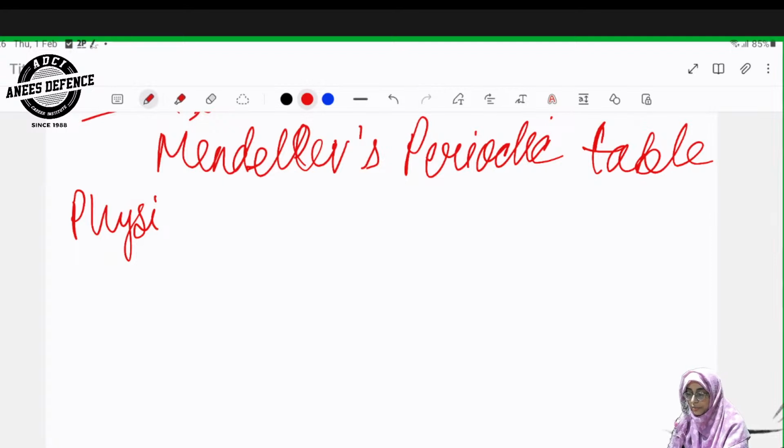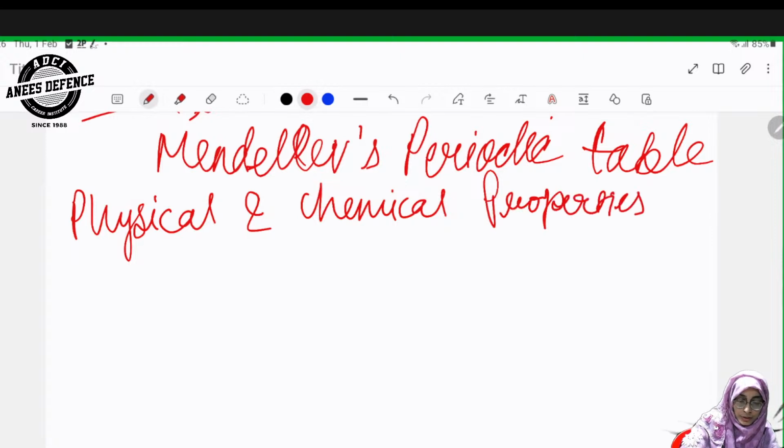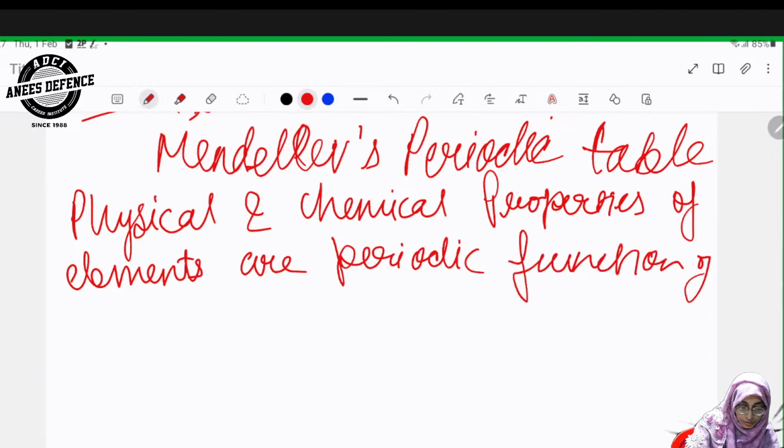Let me explain. What was Mendeleev's law? The physical and chemical properties of elements are a periodic function of their atomic weight.